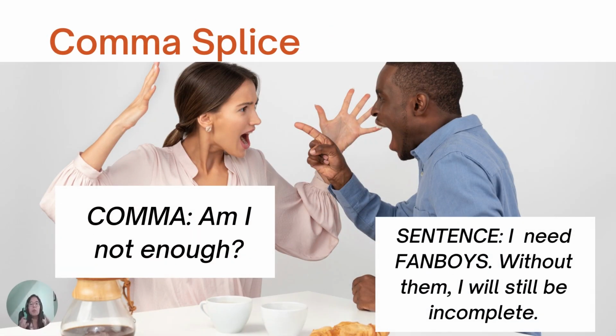When you join two independent clauses, you need a coordinating conjunction to complete your sentence. Again, you commit this error called comma splice if you join two independent clauses with just a comma. A comma is not enough. You need coordinating conjunctions to complete your sentence.